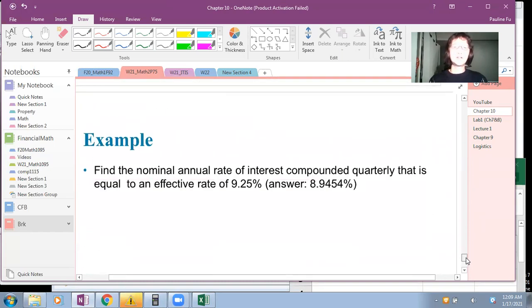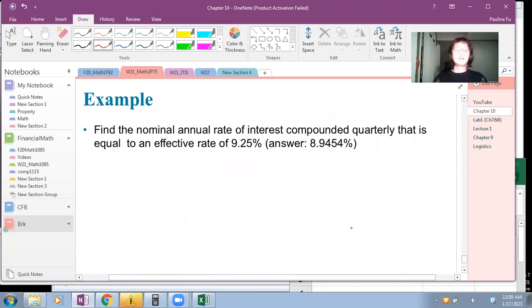So, last example. Find the nominal annual rate of interest compounded quarterly that is equal to an effective rate of 9.25%. Okay. So how do we solve this question? Again, we can solve it algebraically. I use X to represent the nominal rate.